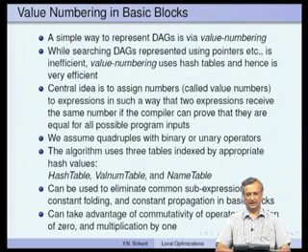What is the central idea? The central idea of value numbering is to assign numbers, these are called value numbers. These are assigned to expressions, and of course, they are also assigned to single variables, in such a way that two expressions receive the same number if the compiler can prove that they are equal for all possible program inputs.